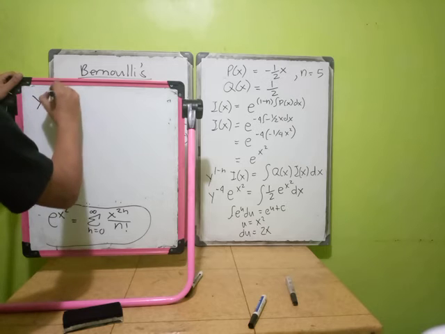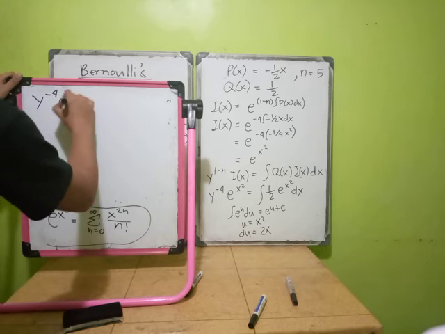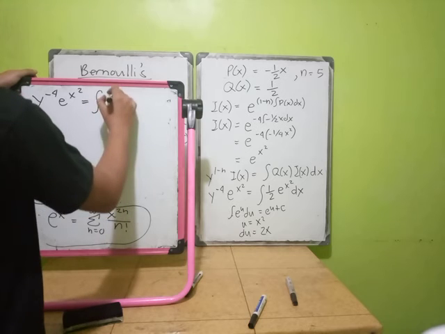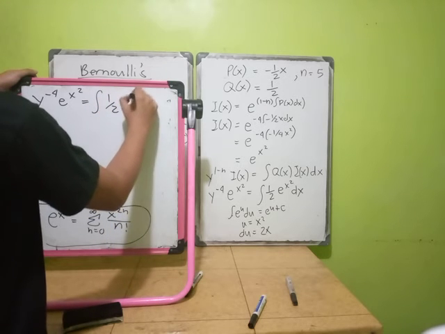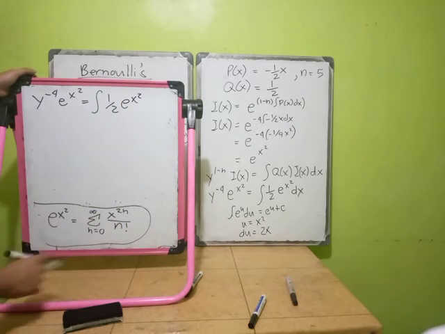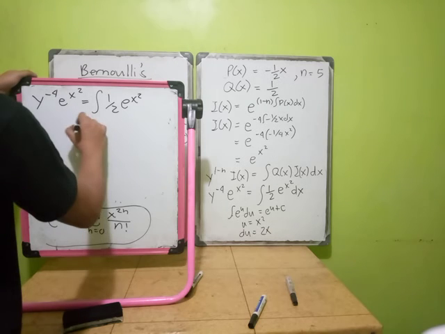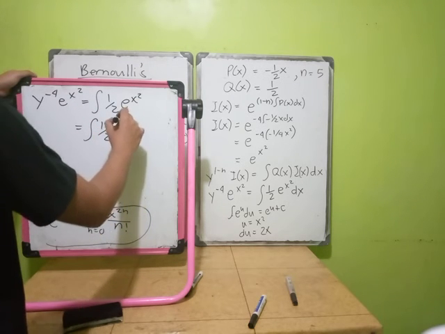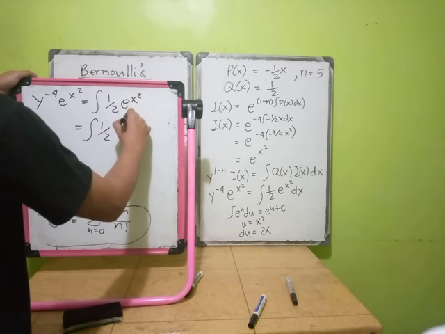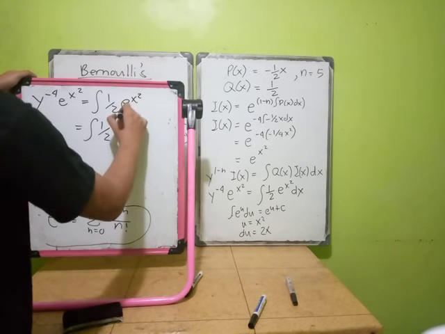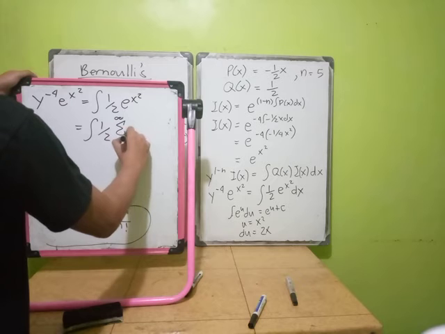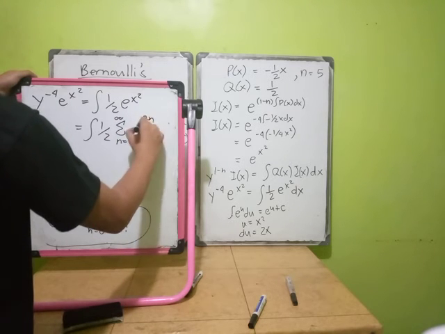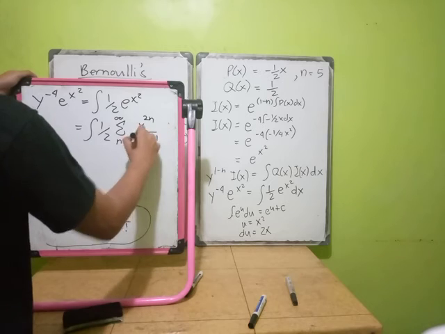Kopyahin natin, y to the negative 4, e to the x squared is equal to integral of 1/2 e^(x squared). I-replace natin, so magiging 1/2 times the summation from n equals 0 of x to the power of 2n over n factorial.